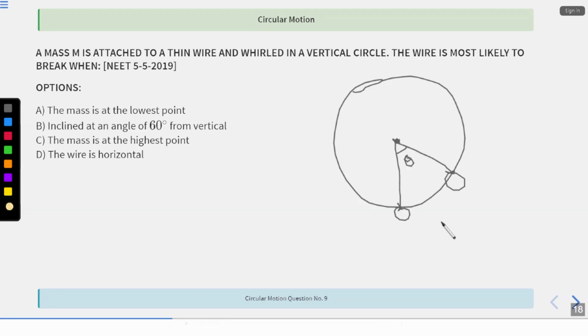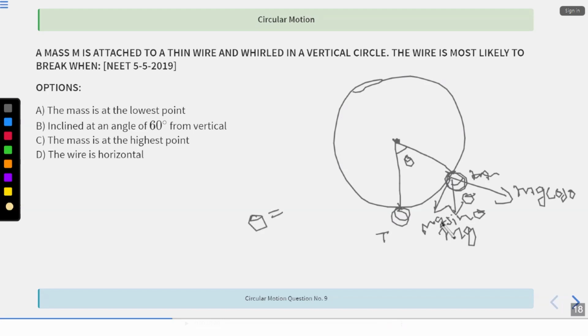So when we are over here, there is tension, and when we are over here, there is theta, and over here it'll be mg, and I'll take this over here, so it'll be again theta, so mg cos theta, and this will be mg sin theta. But over here, theta is equal to 0.